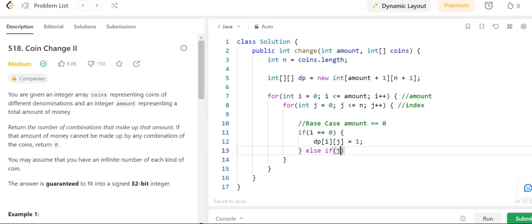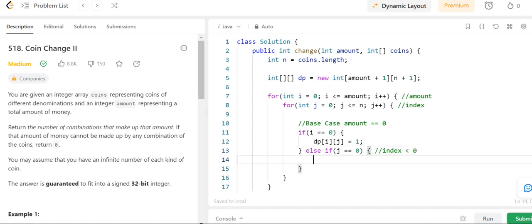Else if j is equal to 0, which is index less than 0, this is because our 0th index represents negative index.